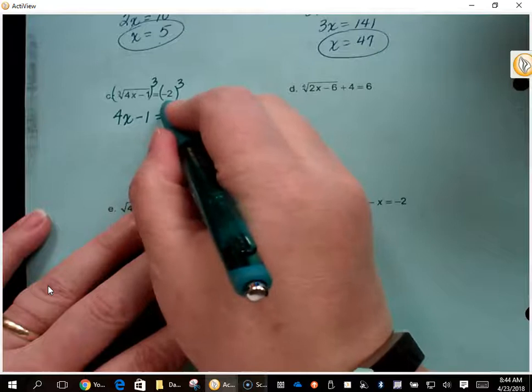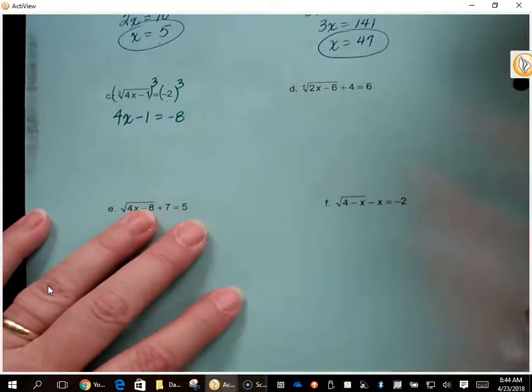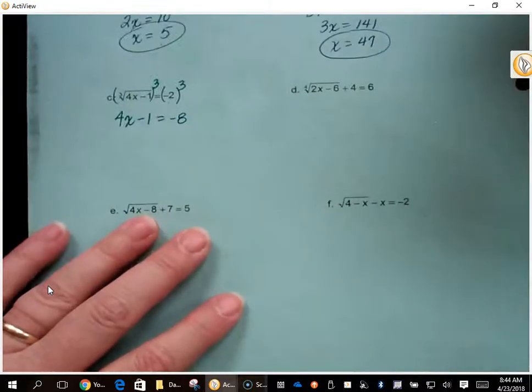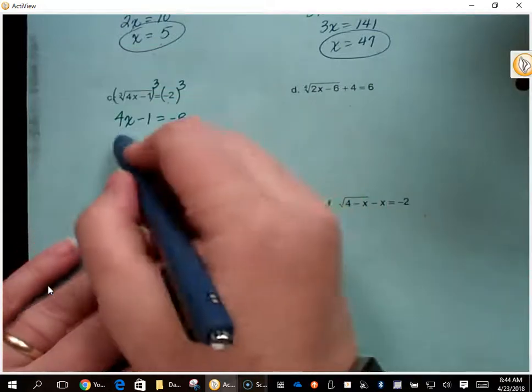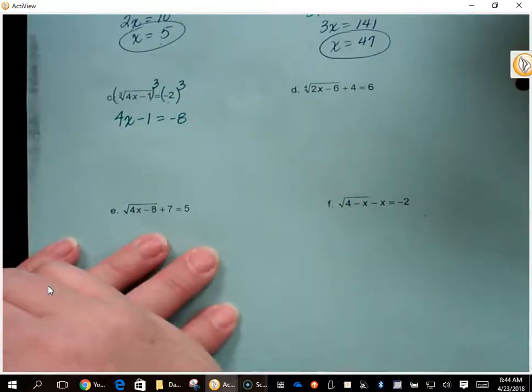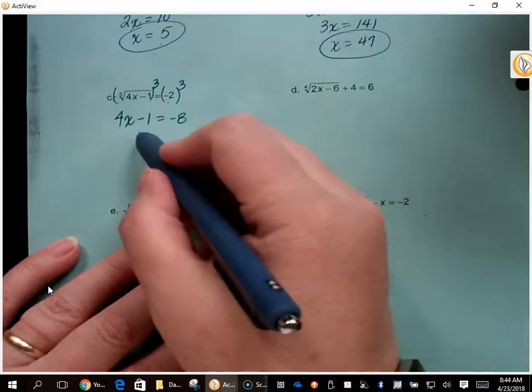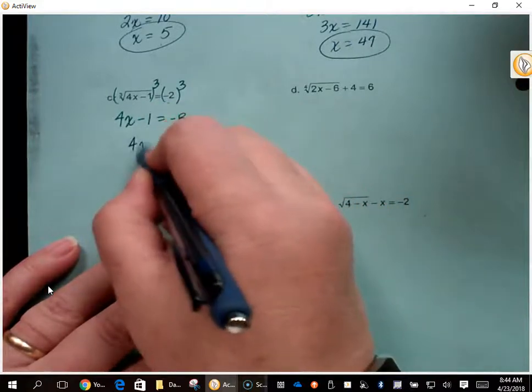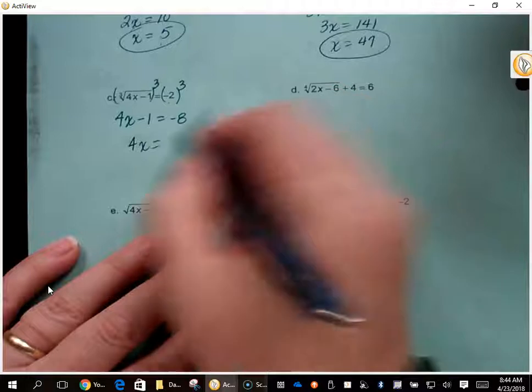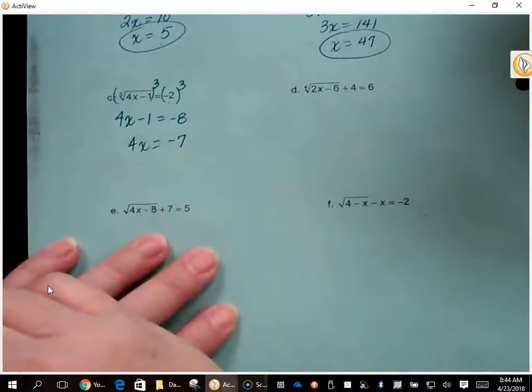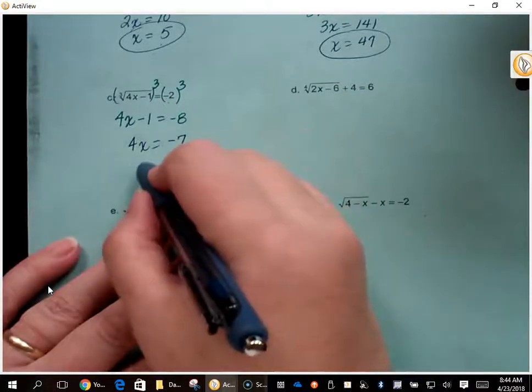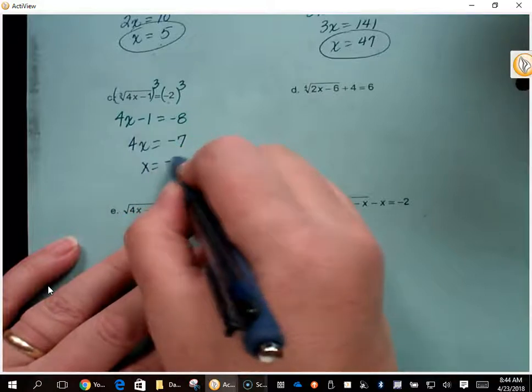Equals -2 cubed is -8. And we solve. So when we solve, we subtract 1 from both sides. So we've got -8 plus 1, which would be -7. And then we divide both sides by 4, and x equals -7/4.